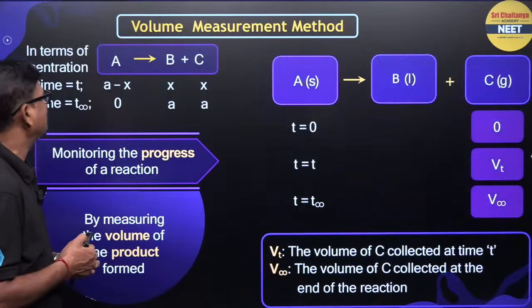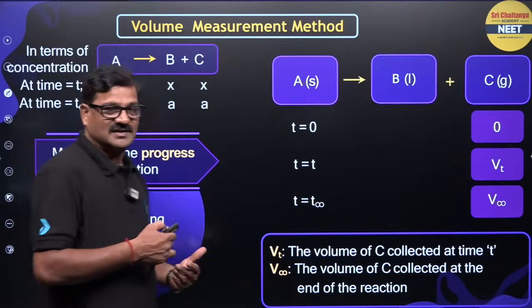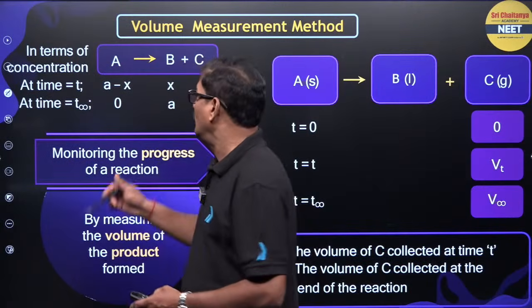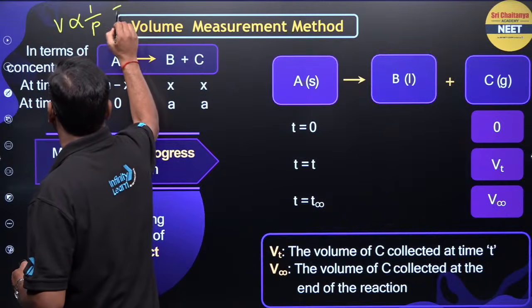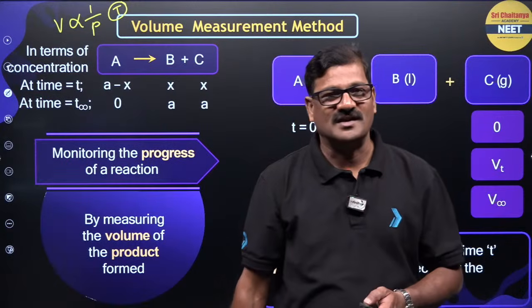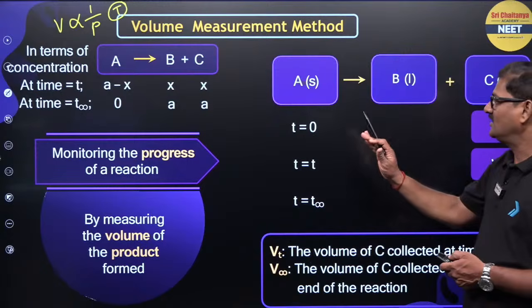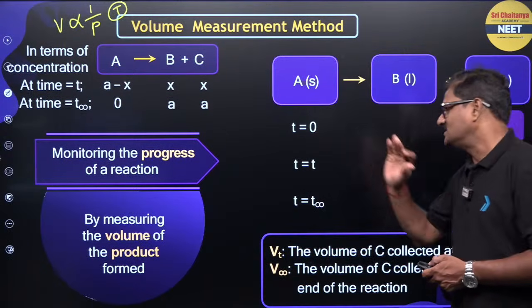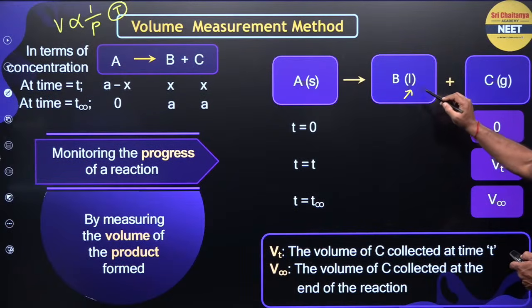You can also see that as the reaction progresses, the volume measures the same as pressure and volume. Volume is inversely proportional to pressure as long as the temperature is constant. Who said this? According to Boyle's law. We apply Boyle's law. At time T0 the volume is going to be V0, and the volume of the liquid is not considered, just ignore it.